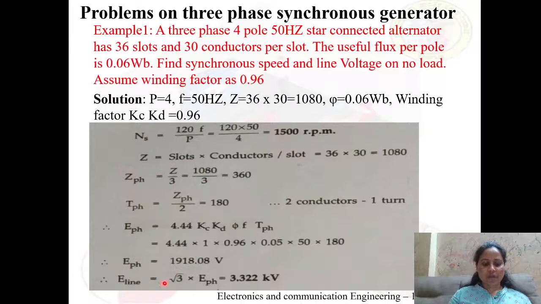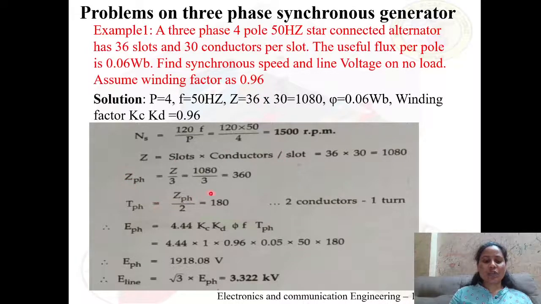Here we have derived the expression for the EMF, which is 4.44 times phi f into TPH, and Kc Kd, called the coil span factor and the distribution factor. The product of Kc and Kd can be taken as the winding factor. They have given the value of winding factor as 0.96.